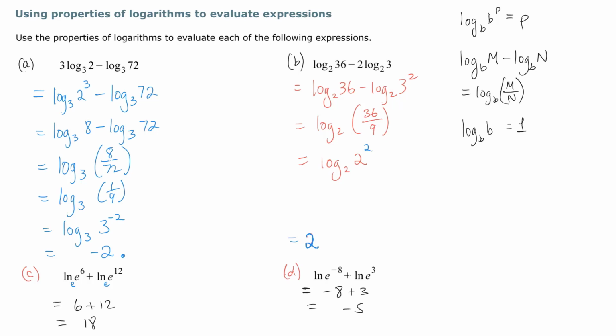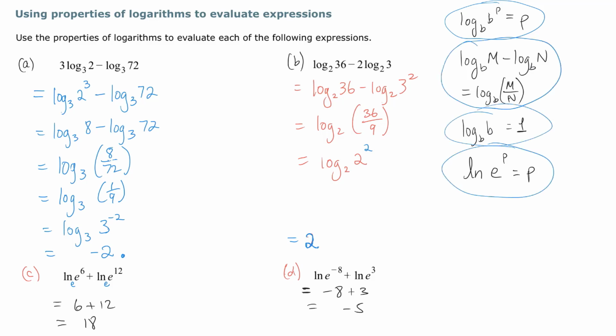For these examples on this particular set, you could even look at ln of e to the p. Well, that's just p as well. So you used a number of properties while simplifying these expressions. Mostly these four.